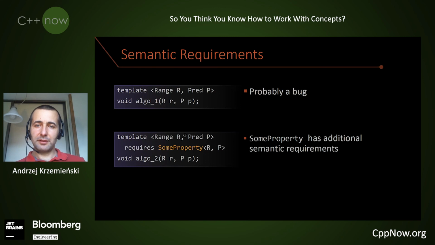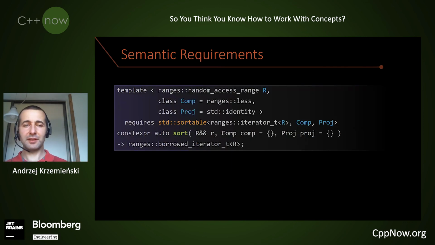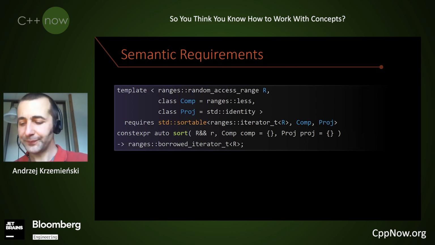A good template in this case will have some gluing concept that will express combined requirements on P and R. This is in fact what you will see in the standard library, like in function sort. Not only are the individual template arguments constrained, but also you get this sortable, this gluing constraint. Also, if you think of iterators, they also use this trick, although it's spelled differently.